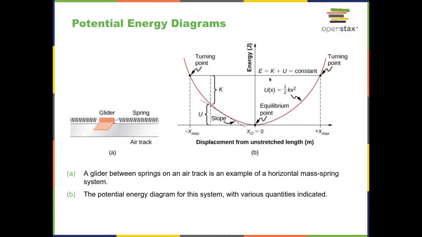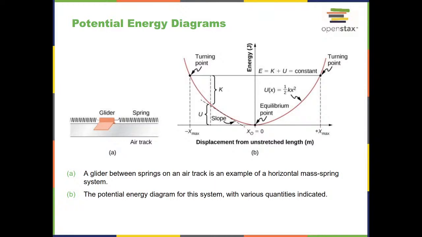And again, we can add a horizontal line for the total mechanical energy, the sum of kinetic and potential energy. And that will give us, for any position that the glider might be at, the potential energy, and it will give us the kinetic energy as the other component that we need to make up the total energy. And we can derive some conclusions from this graph.